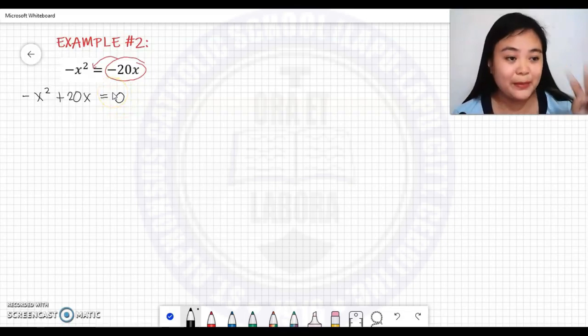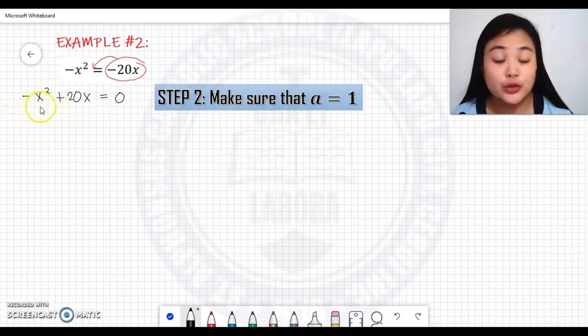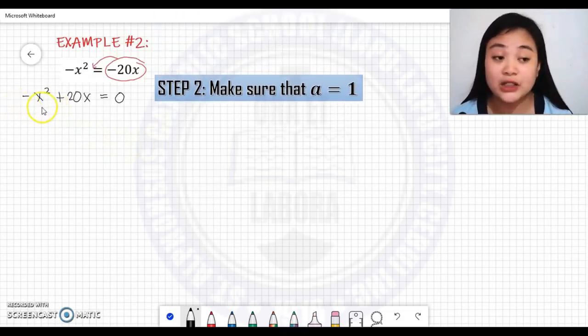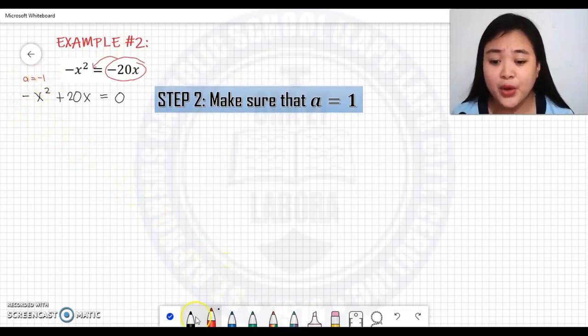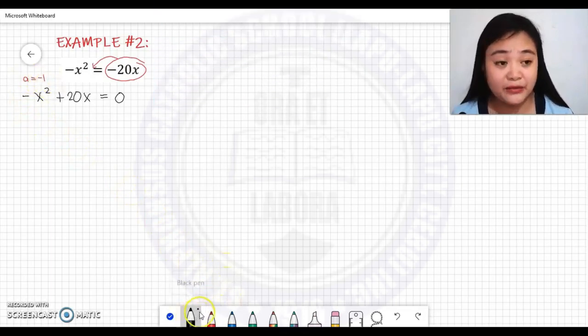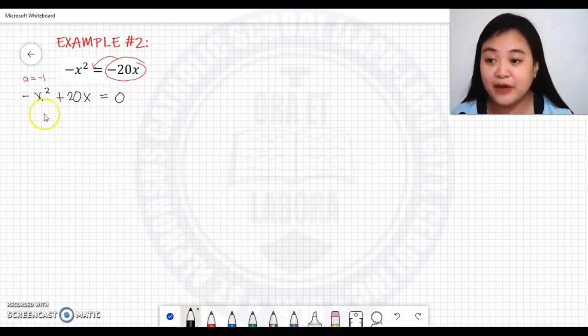Now, second step. The second step, class, is you need to make sure that your a is equal to positive 1. Since our a here, class, is equal to negative 1, we're going to make it positive by dividing all the terms by negative 1.